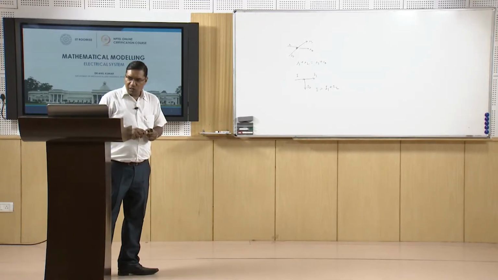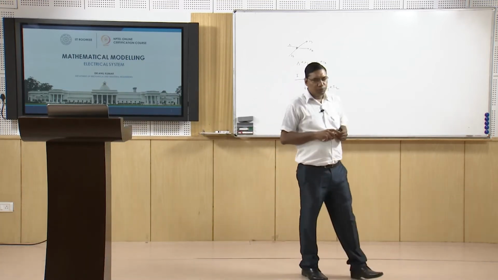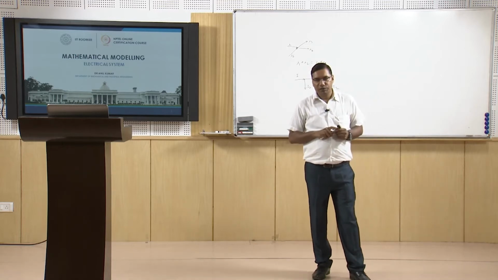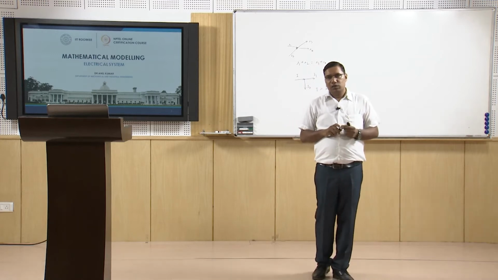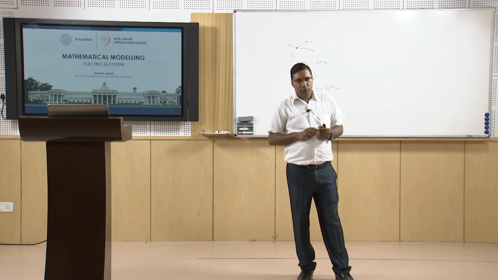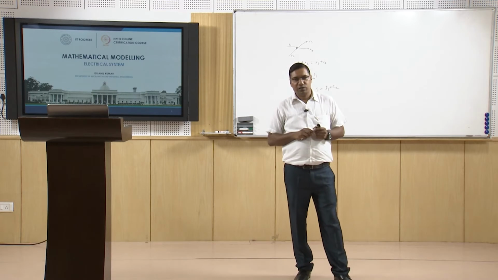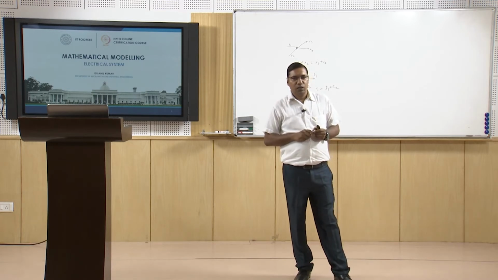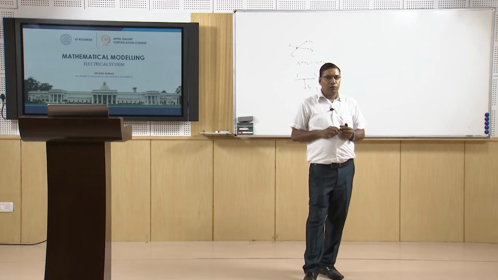If we traverse through the loop and sum the voltages with their signs, that will be 0. So, a mathematical model of an electrical circuit can be obtained by applying one or both of Kirchhoff's laws.